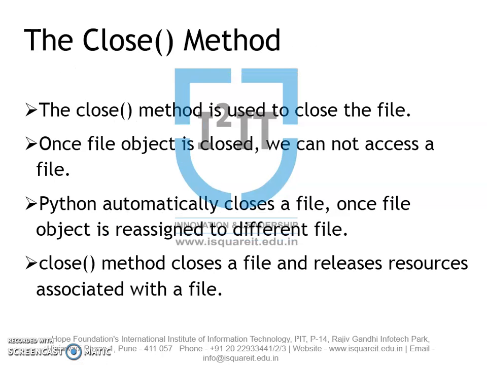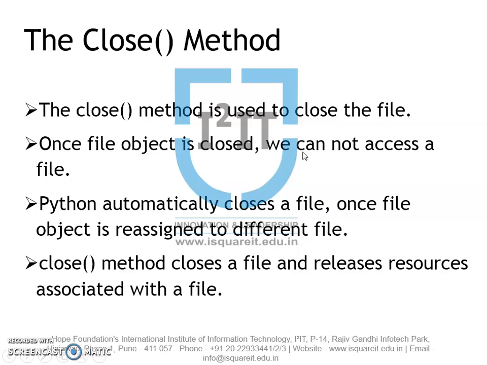Next is the close method. The close method is used to close the file. Once the file object is closed, we cannot access that file. We can open a file, do the operations or access the data, and then we have to close the file.